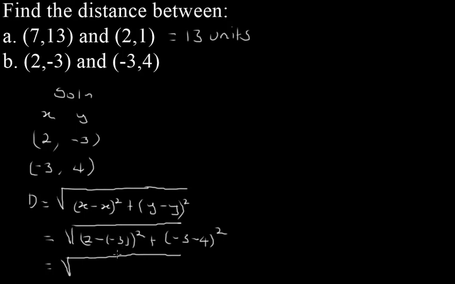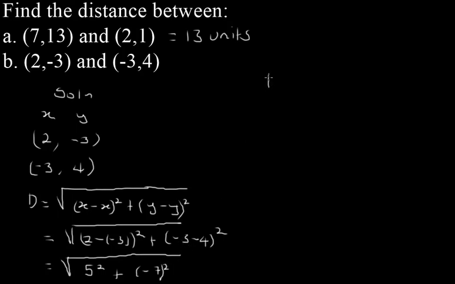So 2 minus -3 gives us, it's all the same as 2 plus 3, which gives us 5 squared plus -3 minus 4 gives us -7 squared.